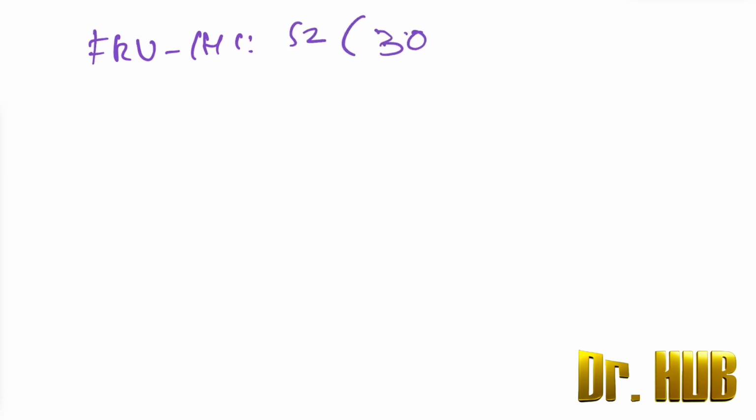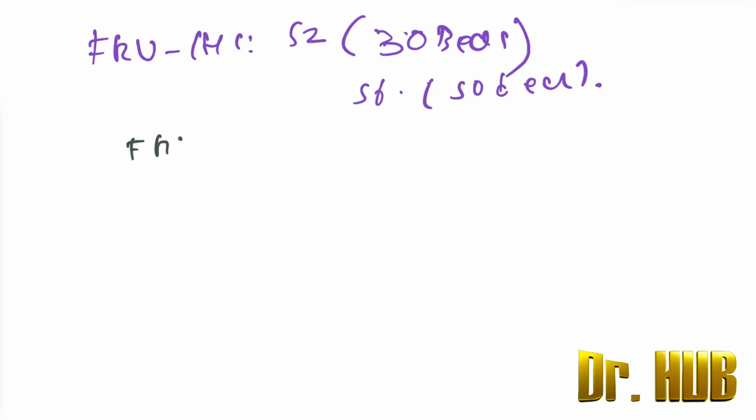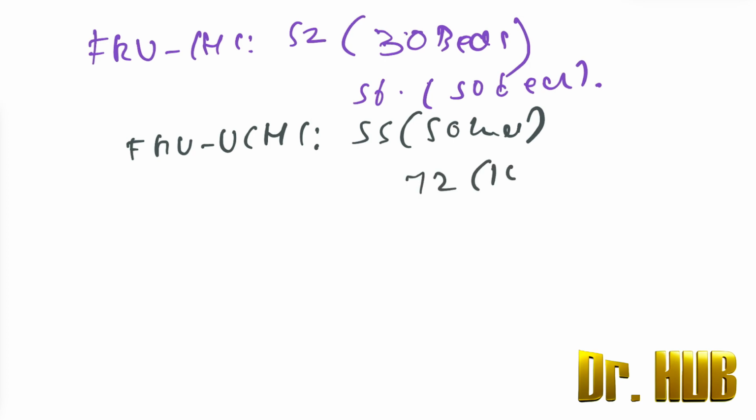There are 30 beds, and there are 56, about 50 beds. Then in terms of the FRU UCHC, there will be 72, about 100 beds.